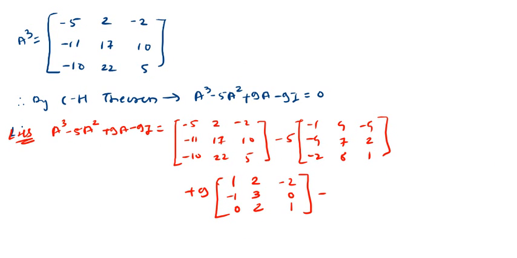Okay, minus 9 times the identity matrix, that is 1 0 0, 0 1 0 and 0 0 1. So after solving this equation, you will obviously see that this matrix will be equal to 0.